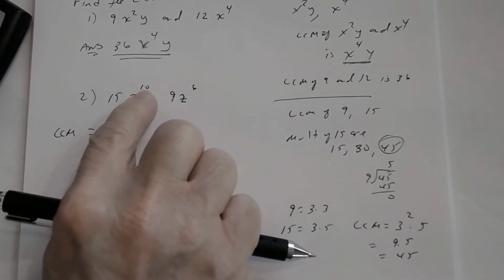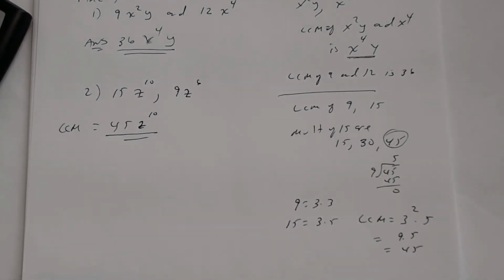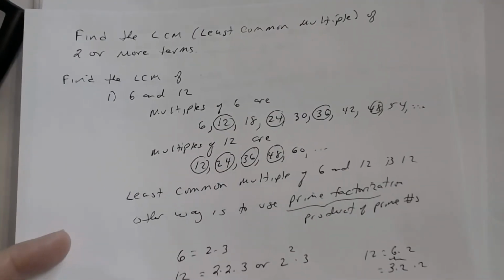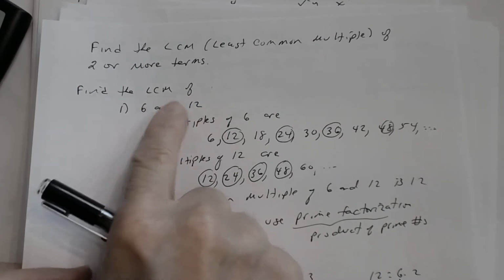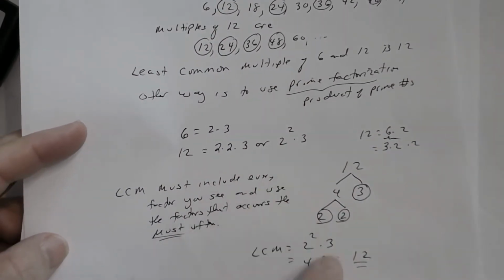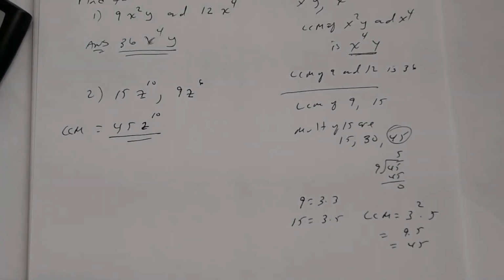So I need the one with the largest exponent, 10. There's your answer. If you understood the previous lesson that dealt with finding the least common multiple of numbers using prime factorization, then this becomes a lot easier to deal with.